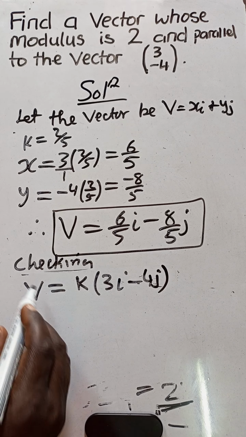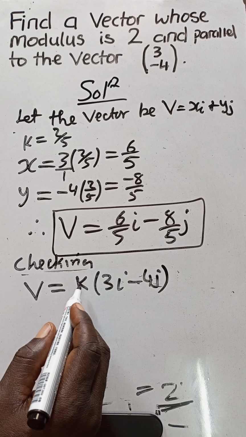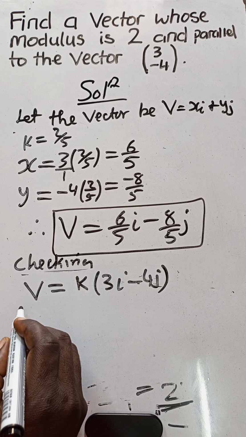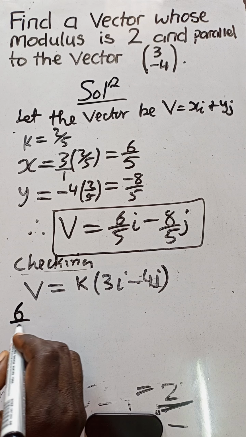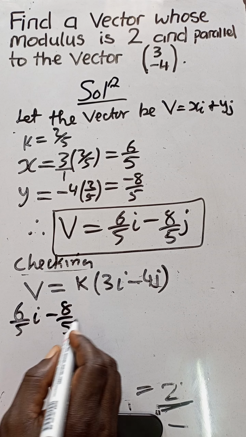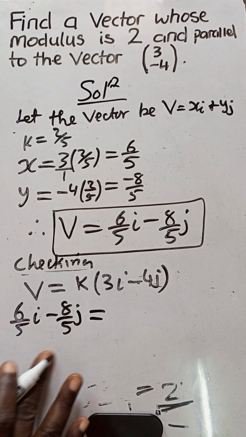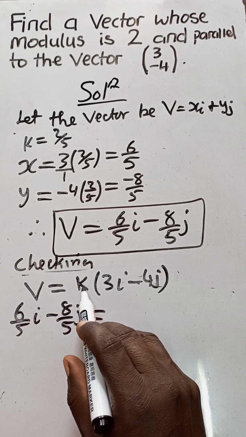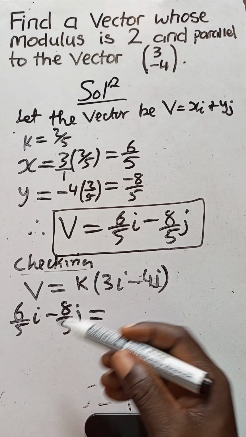Let us see if this vector v is actually going to be a constant times this. The vector v is 6 all over 5 i minus 8 all over 5 j.